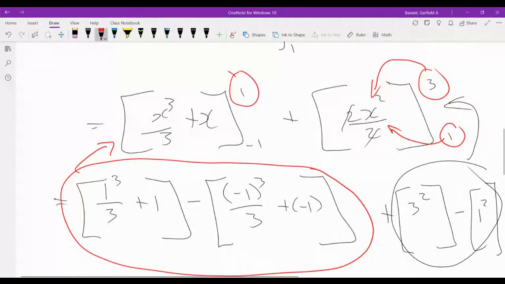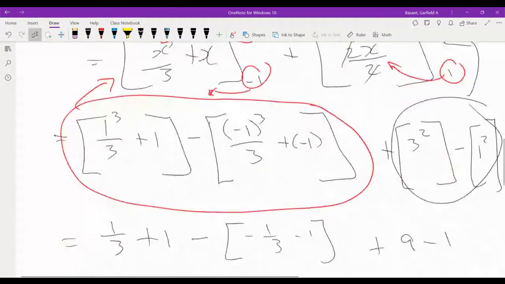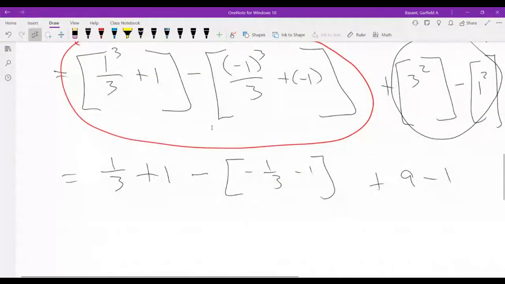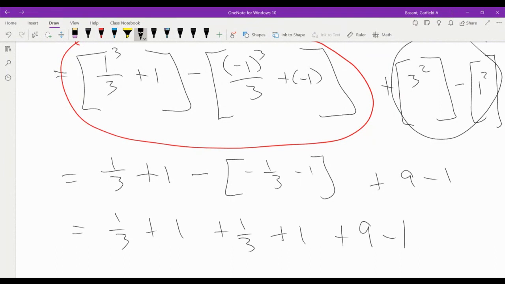On this one, we're plugging in the 1. Yeah, I see that part. Now it's just a matter of arithmetic. Okay, thank you. So it's 1/3 plus 1, this becomes plus 1/3 again, plus 1, plus 9 minus 1.